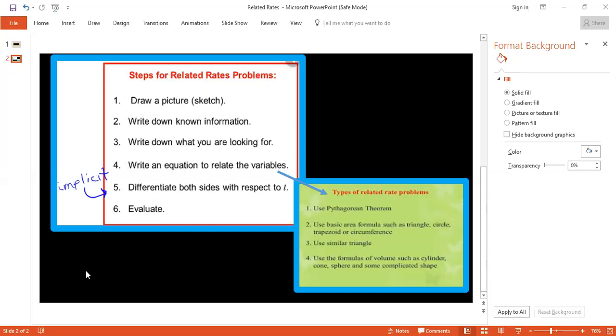If they give you a cylinder, you want to go back to your geometry formulas. It could be a sphere, or any kind of thing where something is going to change using that formula. There's also similar triangles, which we're probably going to use today. Those four are some of the formulas that you'll come up with, but they might give you the formula in the question.